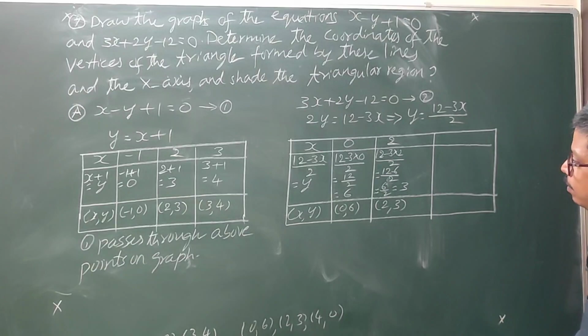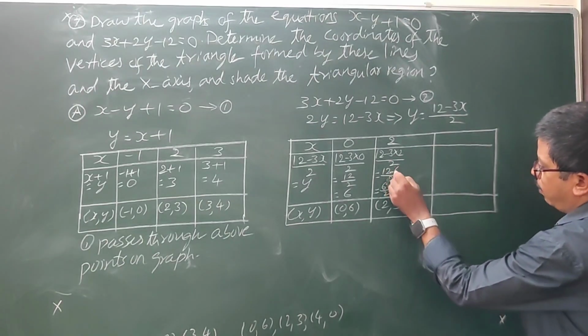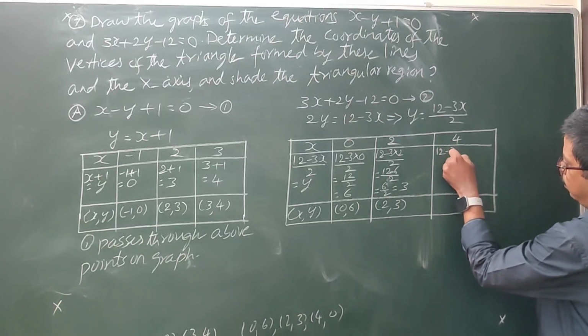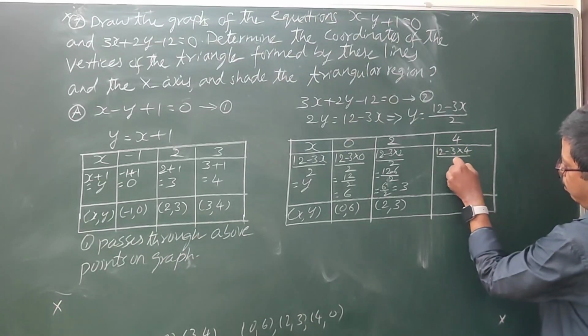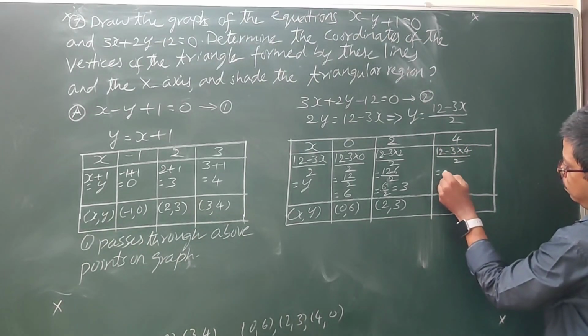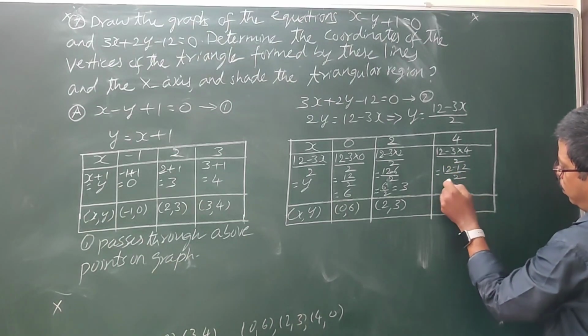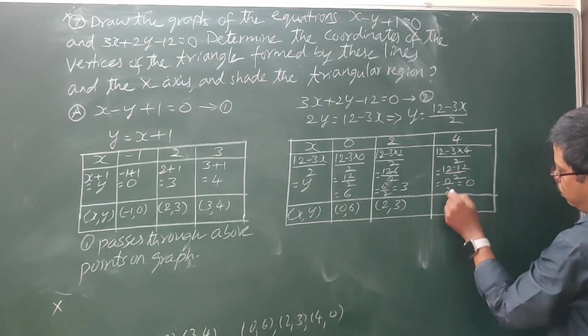Next, if I take x equal to 4, then y is 12 minus 3 into 4 by 2 equal to 12 minus 12 by 2 equal to 0 by 2 equal to 0.